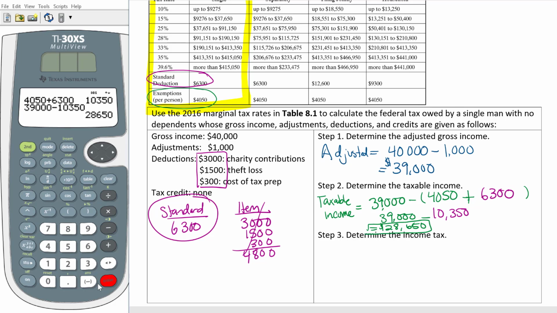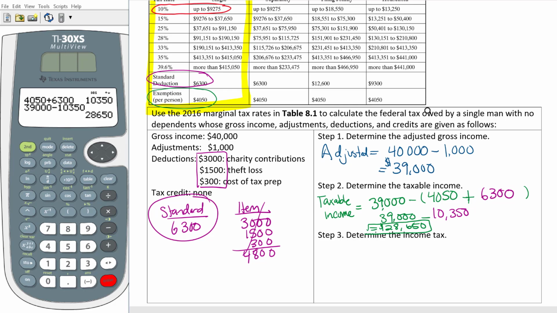Okay, so step 3 is to determine the income tax. Now this is the newest step here. Now that we have the taxable income of 28,650, I need to break it up into groups. So part of my income, the first $9,275 is going to be taxed at a rate of 10%.